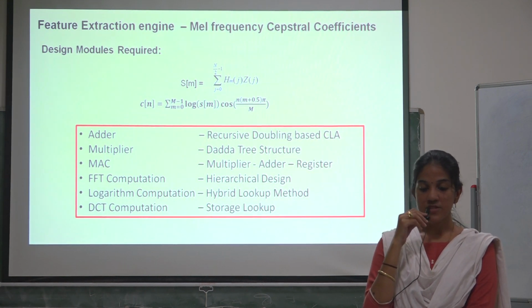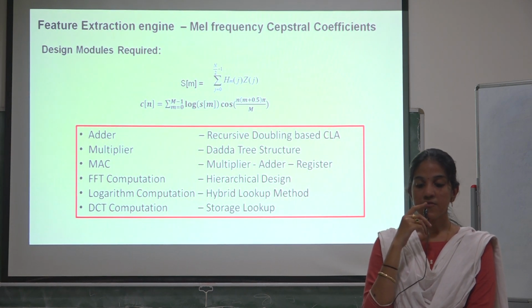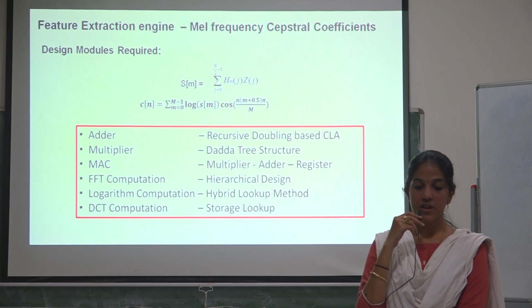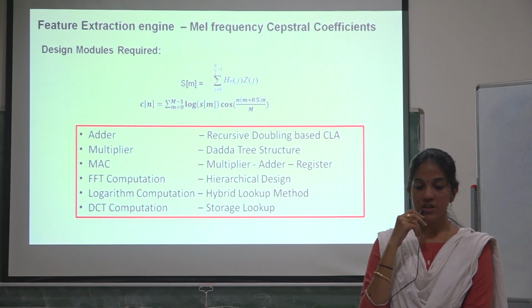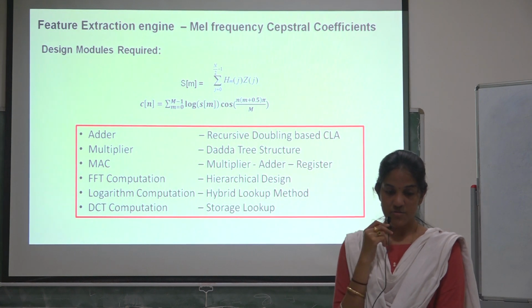So for this, we need adder, multiplier, and for time domain to frequency domain conversion, we would require FFT computation. Finally, the logarithm computation, since we are doing cepstral analysis, and the DCT computation.